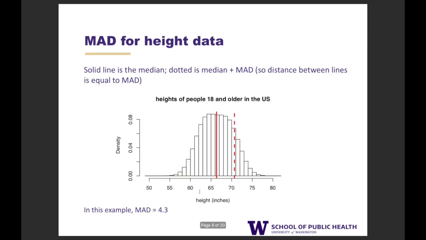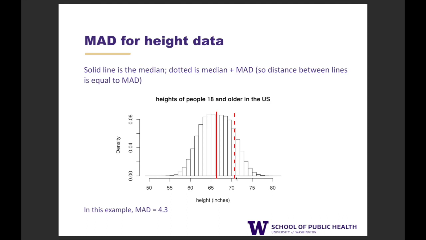Excellent. So if we go back to the height data for a second, we can now visualize the mean absolute deviation here. Here, for the interquantile range, there's this symmetry. We look at the 75th quantile and the 25th and we subtract them. For the mean absolute deviation, we don't really have that symmetry. So here I plotted the median, though I could easily have plotted the mean, and I have the median plus the mean absolute deviation.